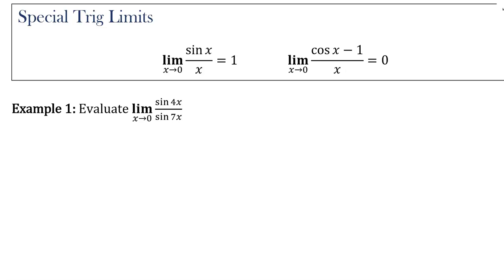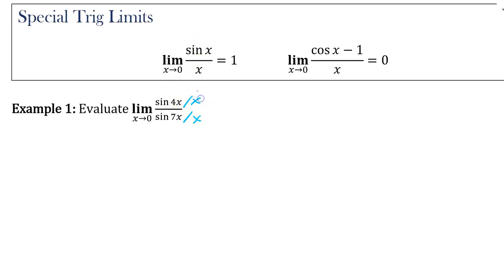So if the only version of sine limit I can work with is this, then I can't work with that until I have it in that form. So the first thing that I can think of is I'm going to divide by x, top and bottom, to get it into over x form.